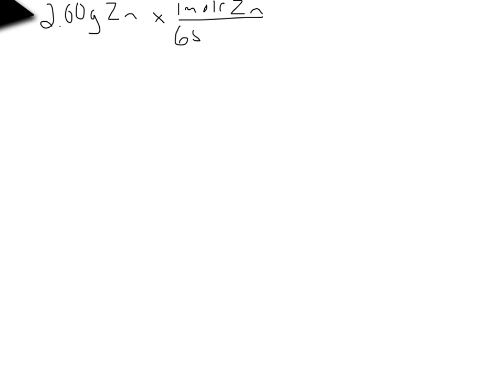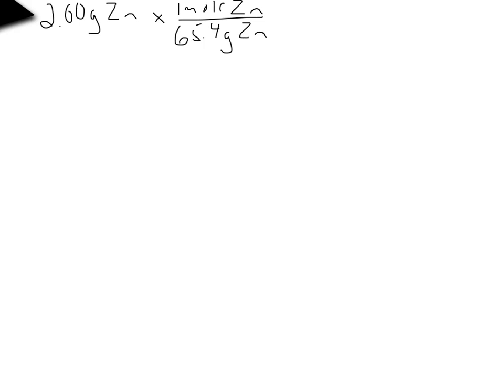Okay. So to do this, the first thing we need to do is take that we have 2.00 grams of zinc, and we want to convert that to moles of zinc. So in 1 mole of zinc we have a total of 65.4 grams of zinc.